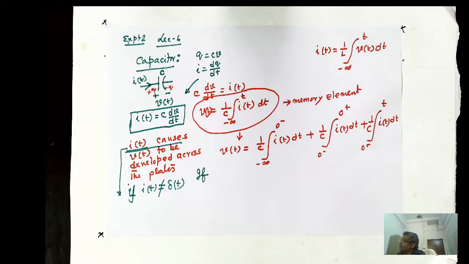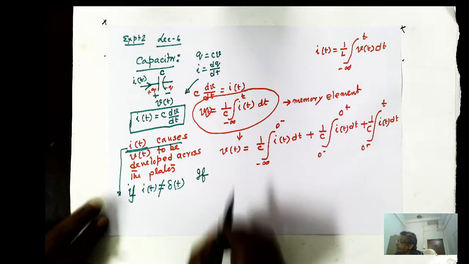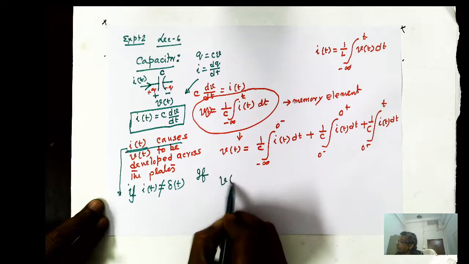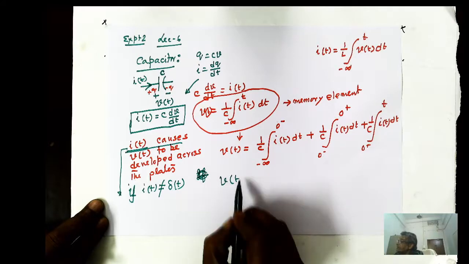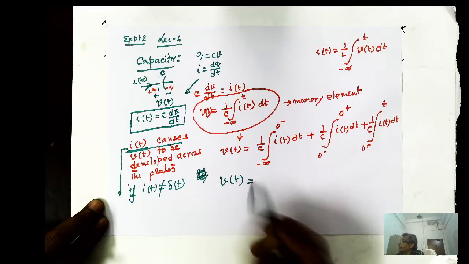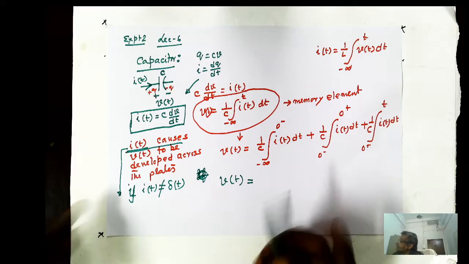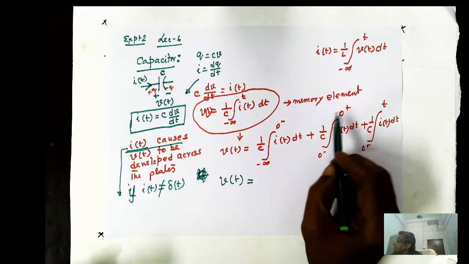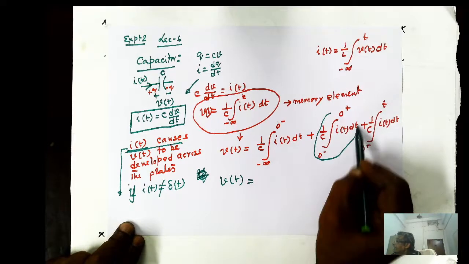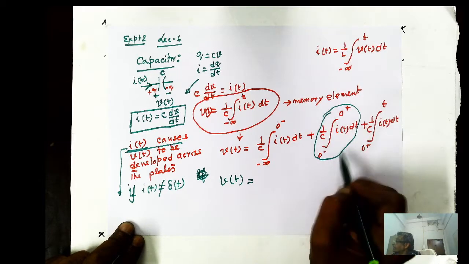Then the voltage across the capacitor, v(t), is equal to this, and the fate of this integral under that condition has to become equal to 0.